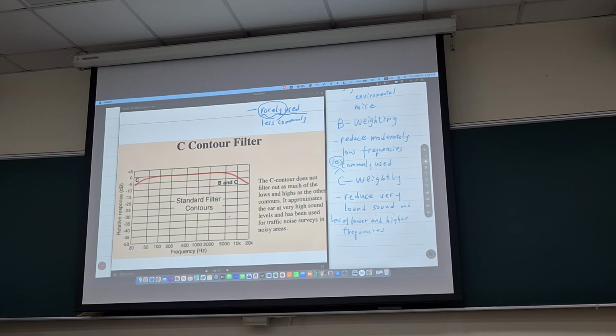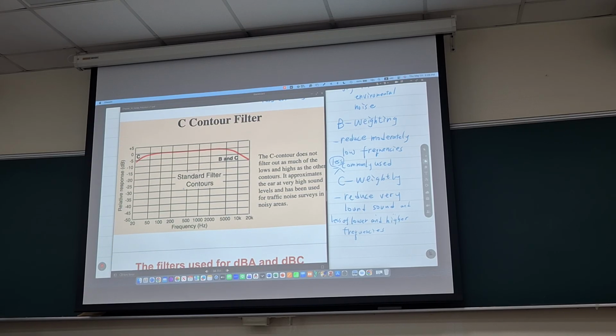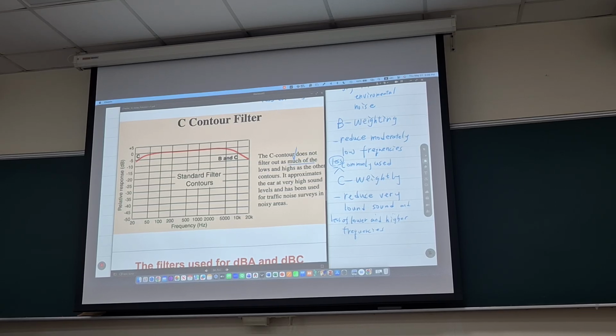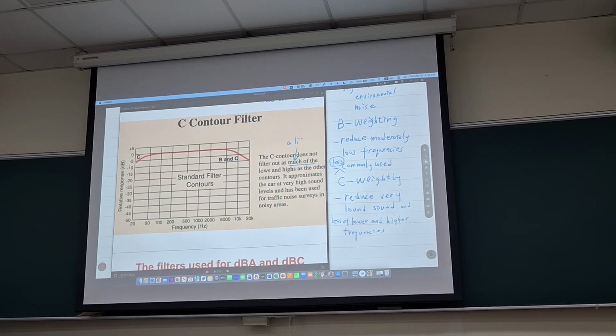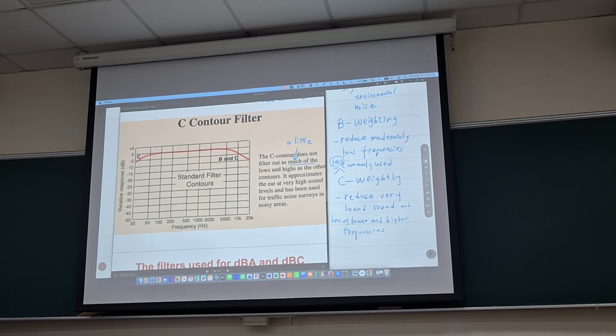Okay, the last one, the C filter. It does not filter much, just very little, low and high.